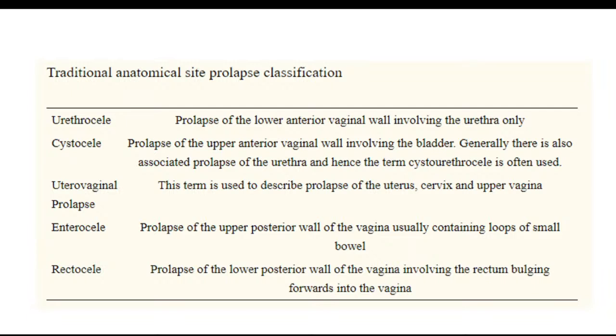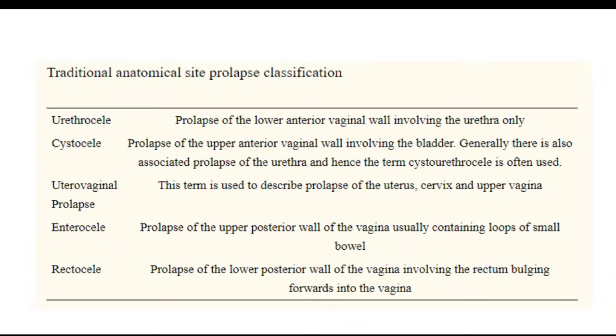Enterocele, it is a prolapse of the upper part of the vagina, which usually contains bowel loops. And usually it's the upper part of the vagina, not the lower part. It's actually the herniation of the bowel loop through the vagina outside.